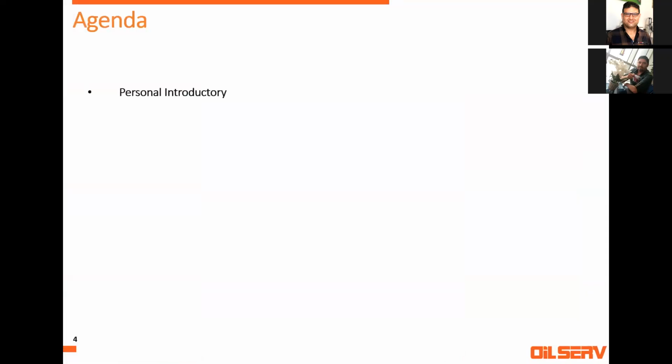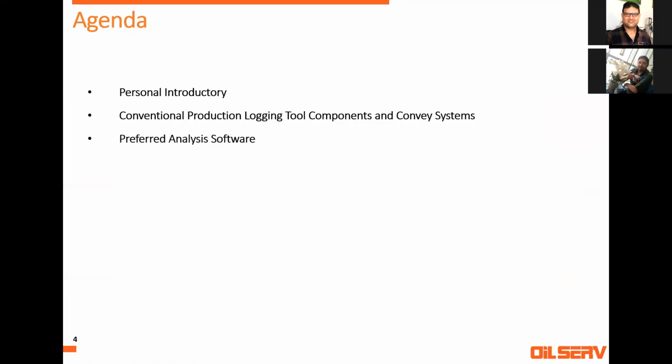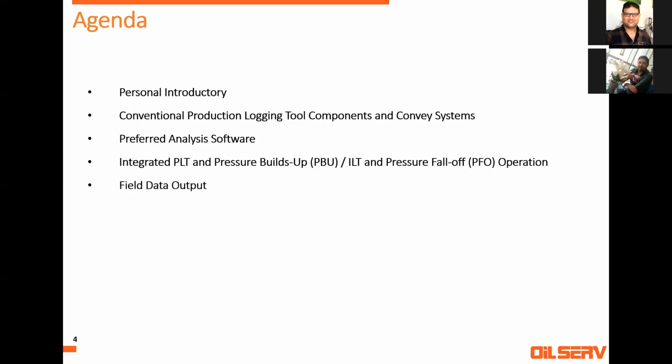So the agenda: a personal introduction for myself, conventional production logging tool components and conveyance systems, preferred analysis software, integrated PLT and pressure buildups, injection log tools and pressure fall-off operation, field data output, benefits of PLT and PTA integration.